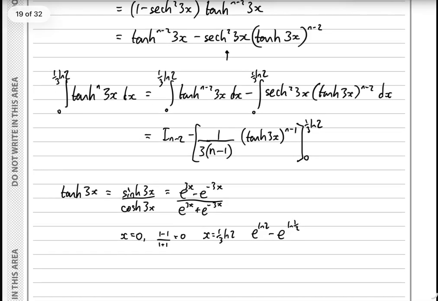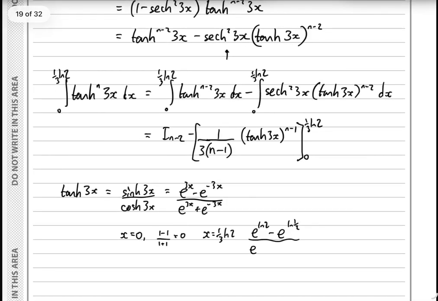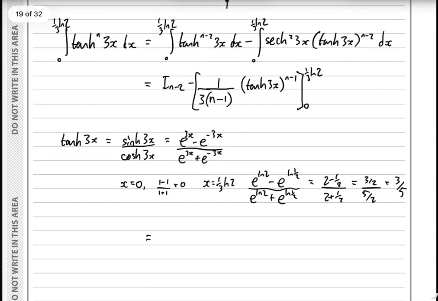So the e and the log cancel. e to the log 2 plus e to the minus log 2 again, bringing that as a power in takes that to log a half. So that's 2 minus a half over 2 plus a half. 3 over 2, 5 over 2, 3 over 5. If you can do that on your calculator, great, that'll save you some time.